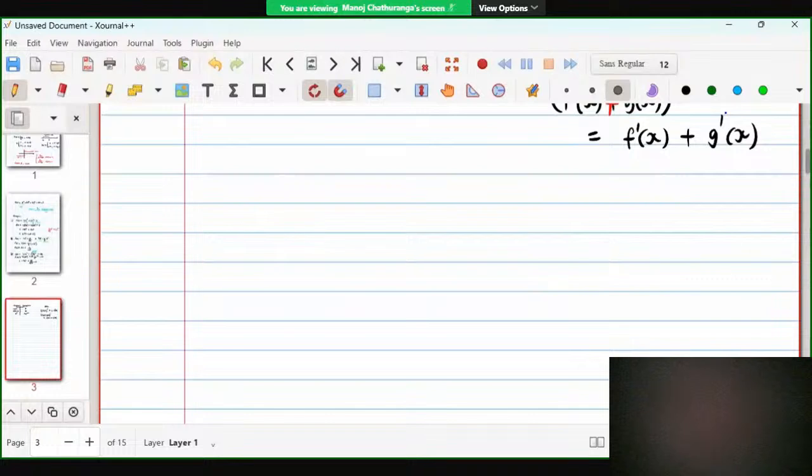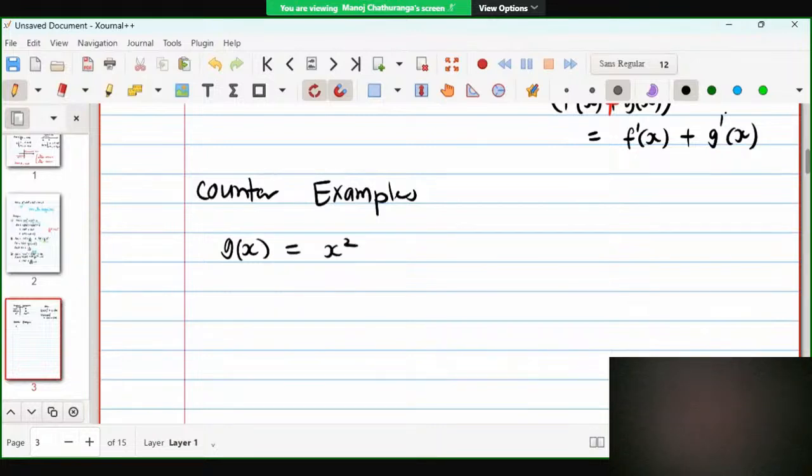It turns out that this is not going to work with products. So let me write it as a counterexample. Counterexamples are examples showing you something does not work. Think about the function g of x equals x squared.